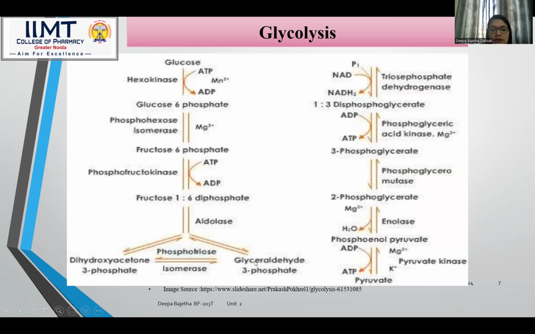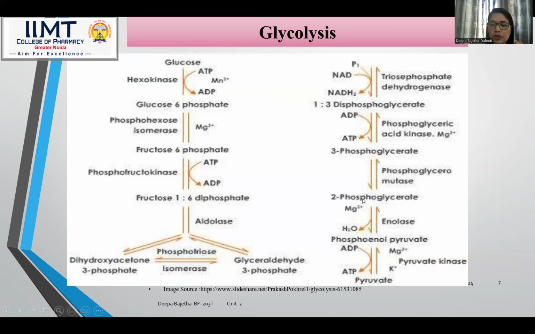Now we can take this glyceraldehyde 3-phosphate, and it is converted into 1,3-diphosphoglycerate and 1 NADH; 1 NAD is reduced to NADH with the help of triphosphate dehydrogenase. Then this 1,3-diphosphoglycerate is converted into 3-phosphoglycerate with the help of enzyme phosphoglyceric acid kinase, and one more ATP is formed.